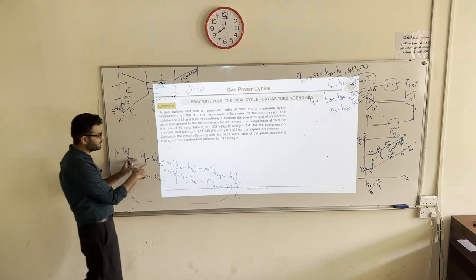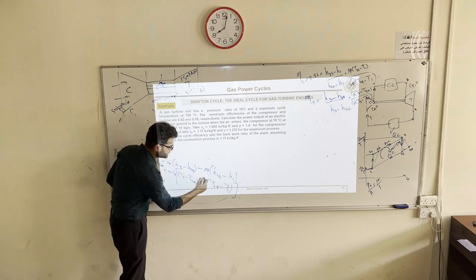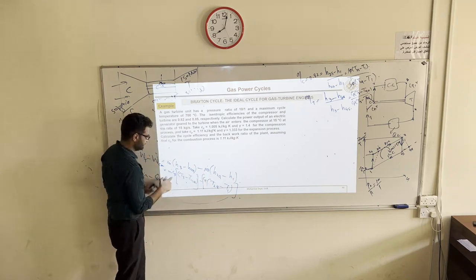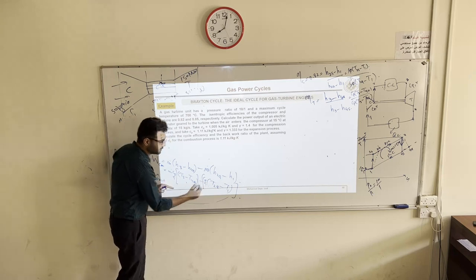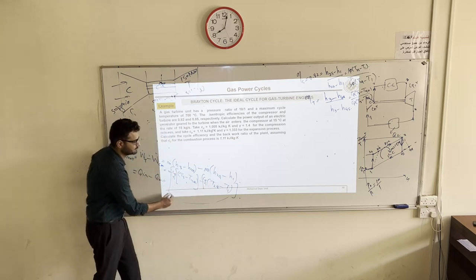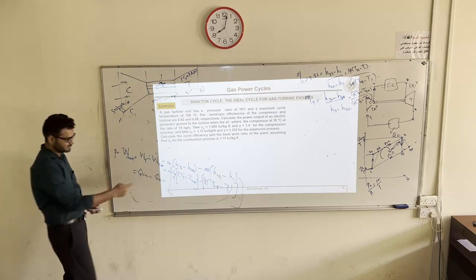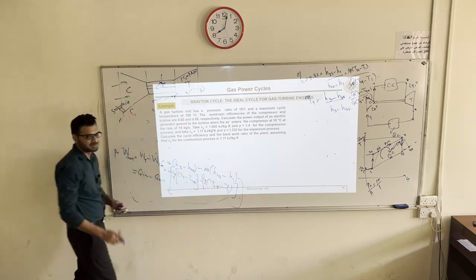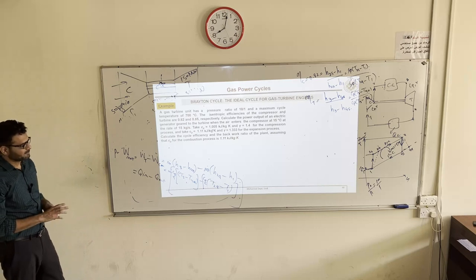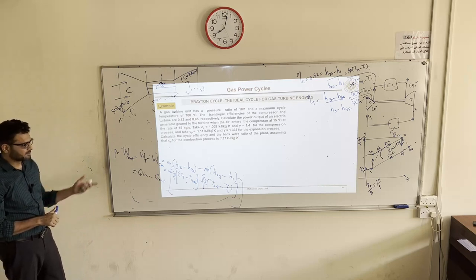For turbine it's different, Cp for turbine, Cp for compressor. M dot is same. Okay. At least I have learned this now, the use of brackets. So that is power output.